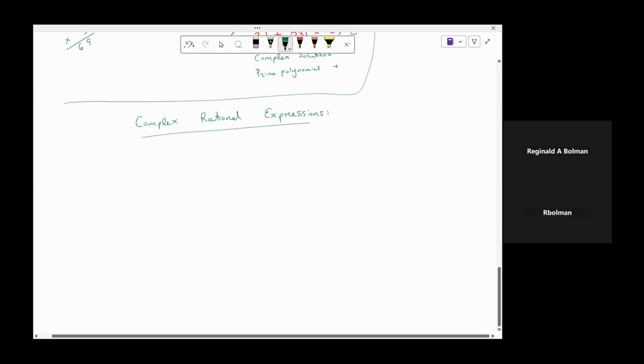And a complex rational expression is kind of nasty, okay?